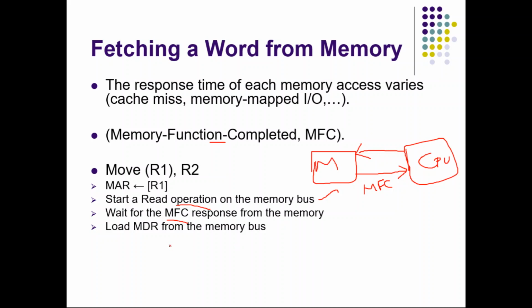If MDR in is activated, the data from the memory bus, which contains two types of lines, address lines and data lines, will be available in the data lines, or you can call it the data bus. From there it will be moved to MDR. These are the sequence of operations that should be carried out.